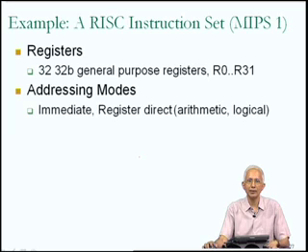So we are learning now that all of the arithmetic and logical instructions use the immediate and register direct addressing modes. You will recall from the previous lecture that these are the 2 addressing modes which take their operands out of registers. The register direct addressing mode takes operands out of the general purpose registers, and the immediate addressing mode takes its operands out of the instruction register, because the operand is available inside the instruction.